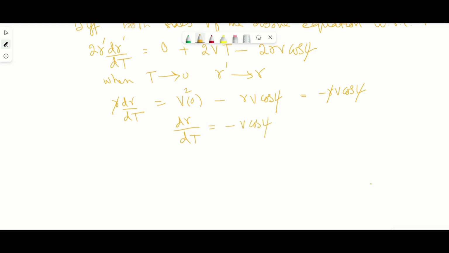Here we will introduce an angle. Phi is equal to pi by 2 plus beta, where beta is equal to Tahir angle. As I said earlier in the beginning of the video, Tahir angle is of fundamental importance in the understanding of Islamic physics. Okay, so when we insert this identity, we get dr over dt is equal to v sine beta.